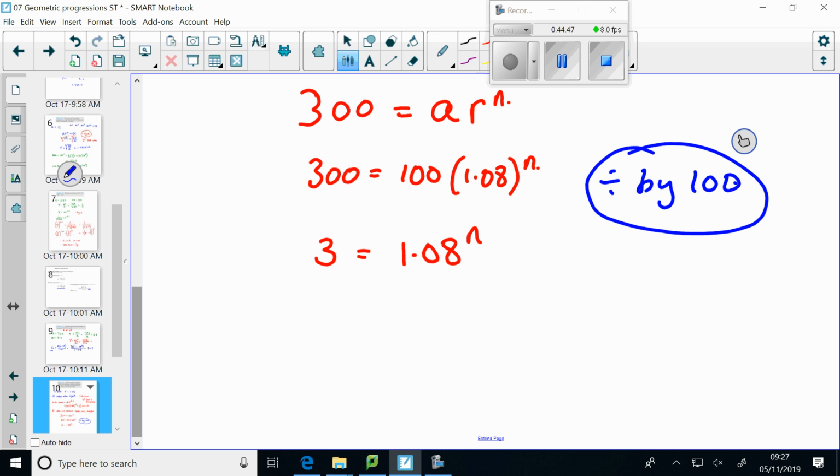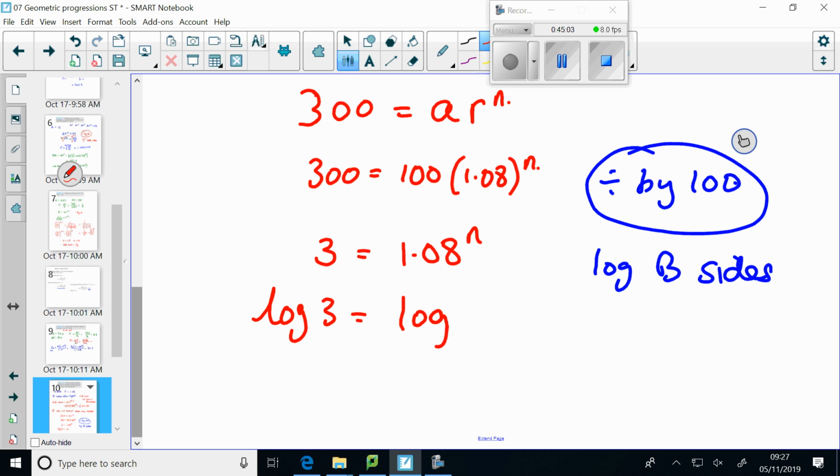Now take log of both sides. So we can say log of 3 equals log of 1.08 to the n.